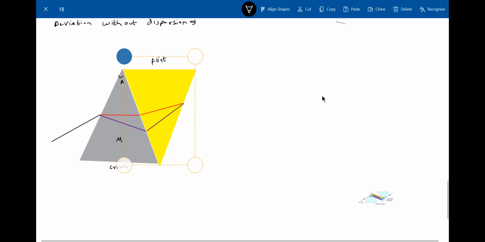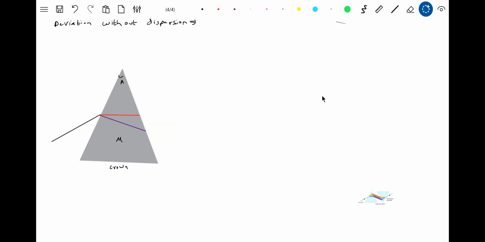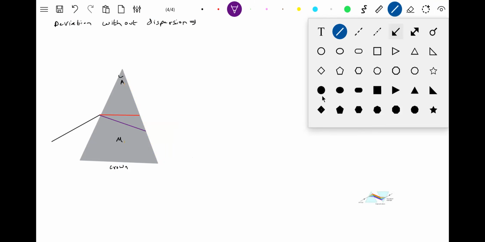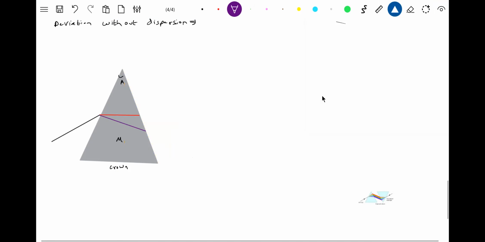I'll choose some other color because I have to show the yellow color light.